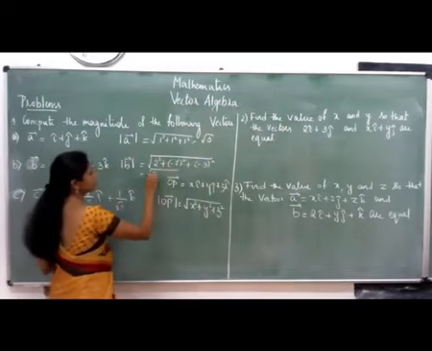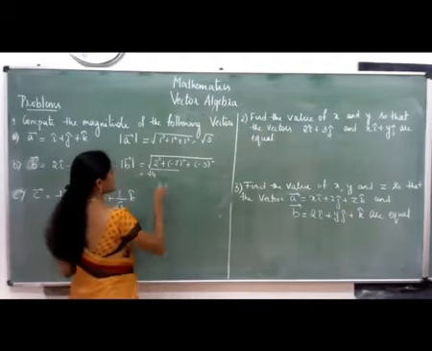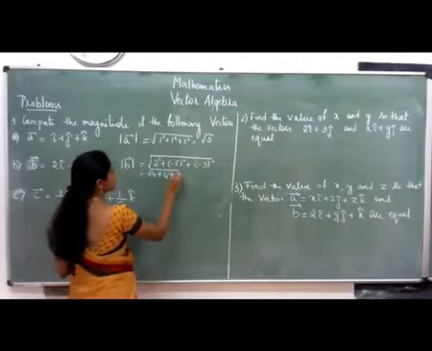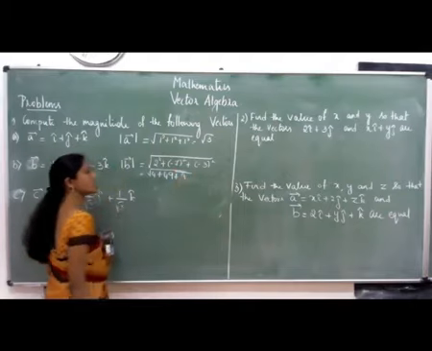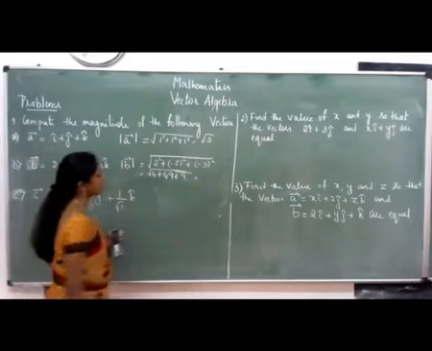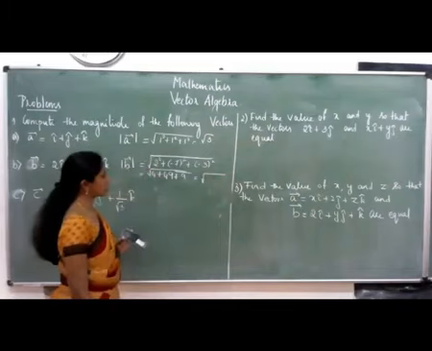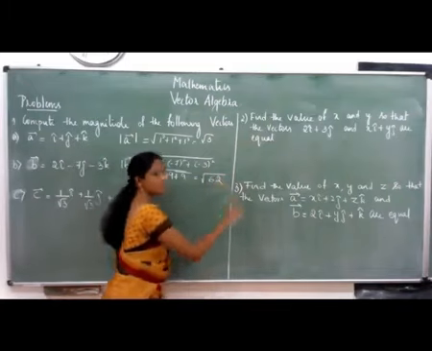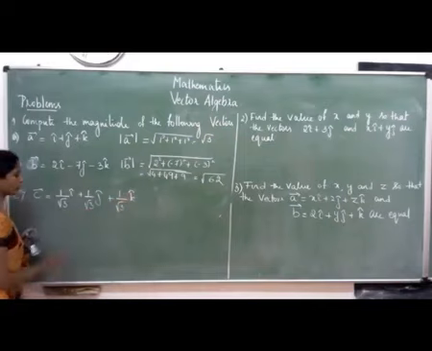Therefore, this will be equal to 2 square, 4, plus 7 square, 49, plus 3 square, 9. If you simplify this, 58 plus 4, it is 62. Next you can further simplify that.